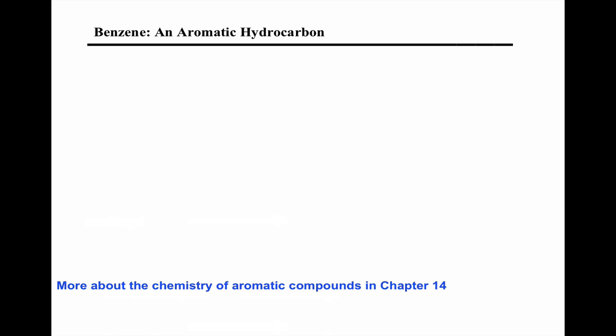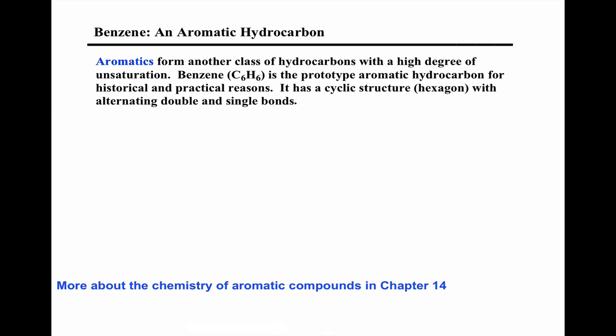Aromatic hydrocarbons, again, we'll learn more about this in chapter 14, but I just want to introduce here the most common form of an aromatic hydrocarbon, which is benzene, C6H6. It is historically where we started learning about aromatic compounds.